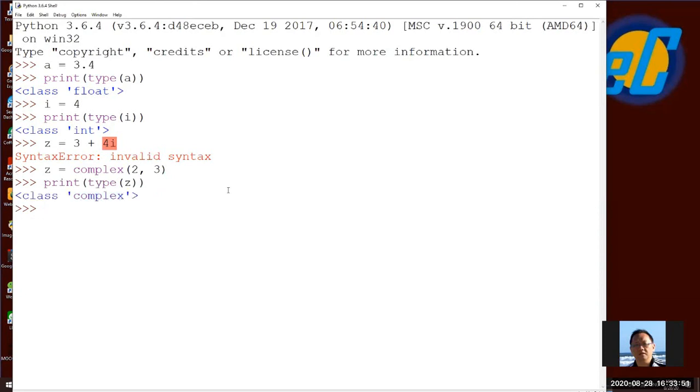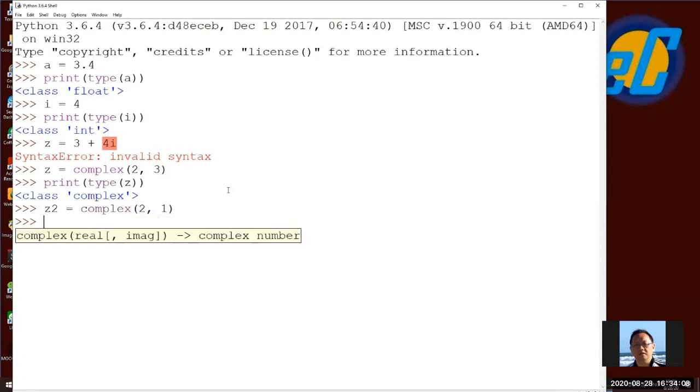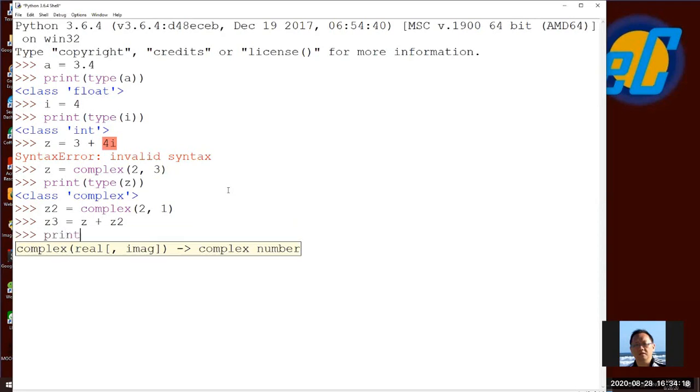But complex is not a basic type, so we do not talk about it right here. But basically it is also a data type that is included. And g3 equals g plus 3, that actually is possible.